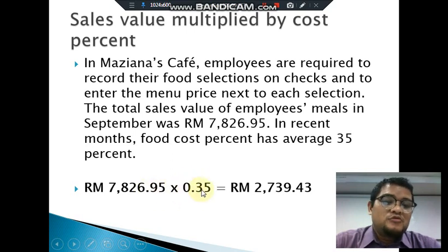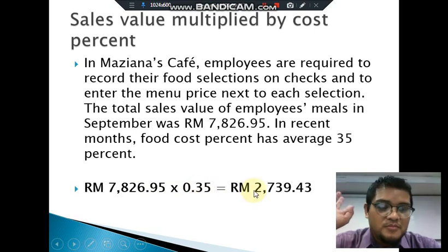Sales times food cost percent gives you food cost. This is the formula that we learned from the beginning of the semester. So this is the food cost for employee meals, 2739.43. So you will minus this number, this 2000 plus, from the monthly food cost. Guys, I see you in the next video.